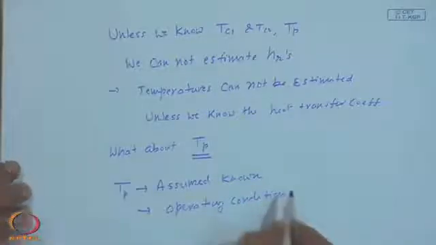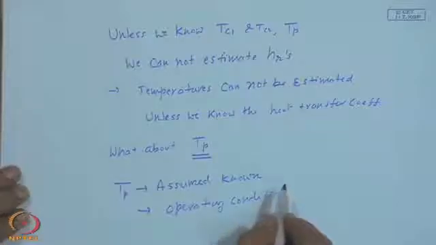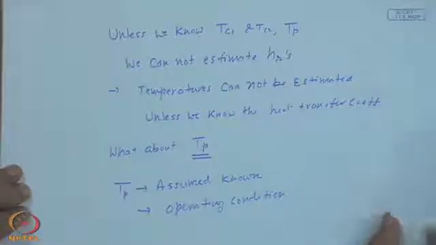If a solar collector is operating to deliver energy at a certain temperature, we will be having that temperature to be the corresponding plate temperature, which will depend upon the internal resistances, which we need to know the theory.